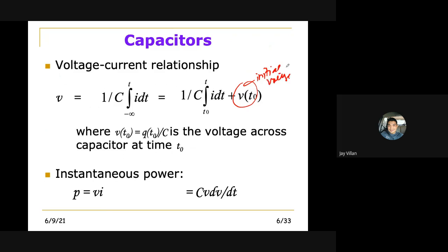Okay, so if the capacitor has been discharged, the voltage there is equal to 0 at t equals 0.